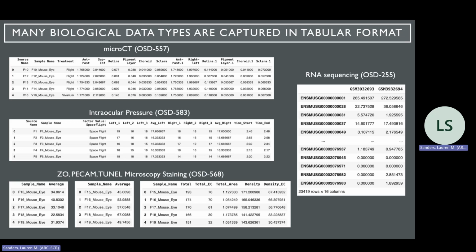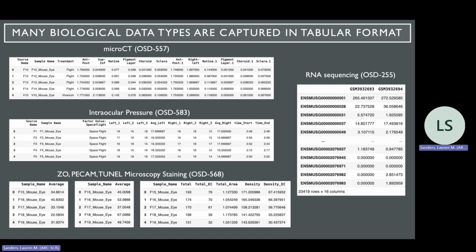Some of the data types that we've seen before in this course that are captured in tabular format include the micro-CT measurements from the Open Science Data Repository dataset OSD 557, intraocular pressure from OSD 583, multiple types of microscopy staining that are converted into different types of numerical values, such as the average intensity or the total area or density.